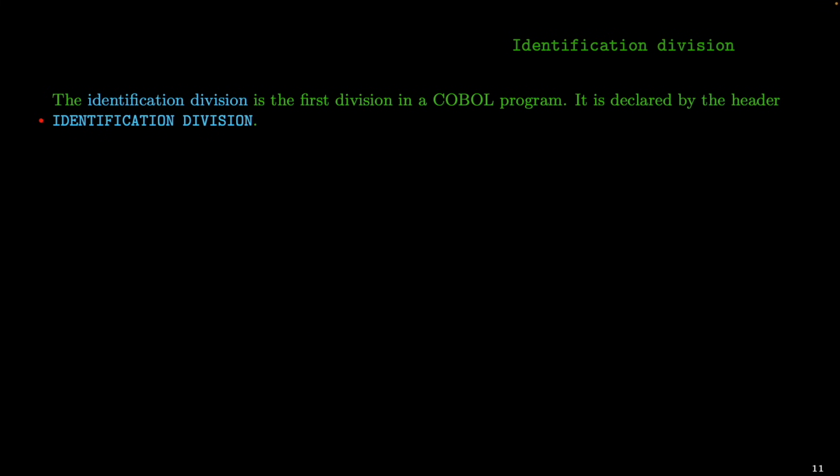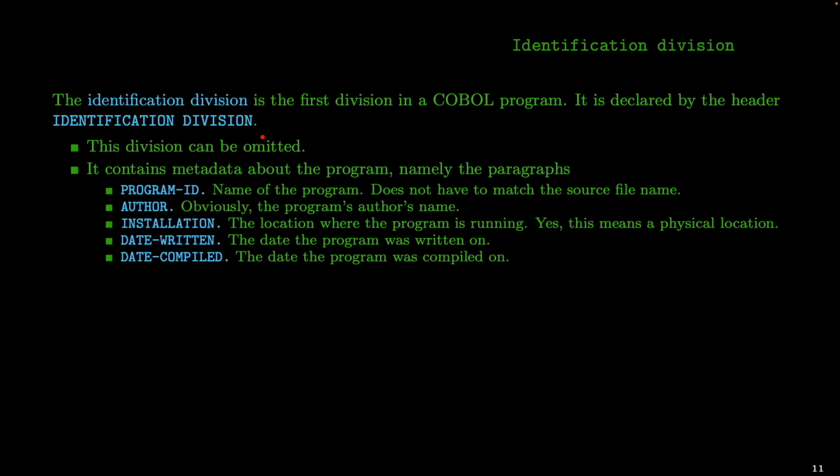Now let's have a look at the individual divisions. First we have the identification division, which has to come first in the COBOL program, and it is declared by simply writing identification division as a header. This is an optional division, so we don't have to include it, and it contains metadata about the program, namely those paragraphs here.